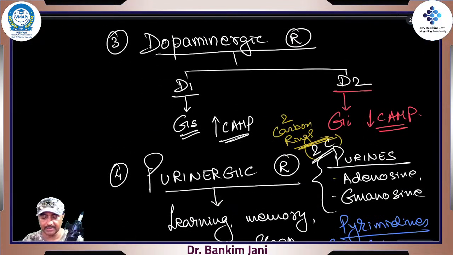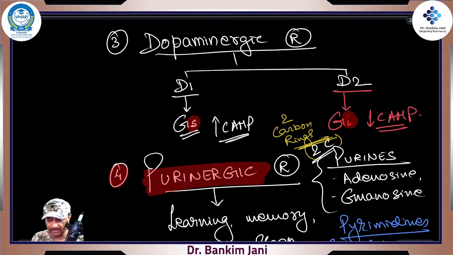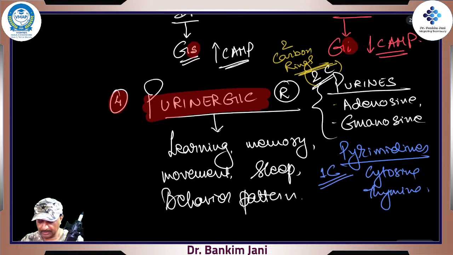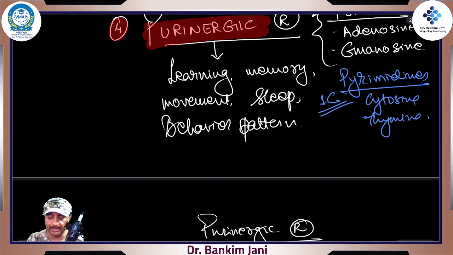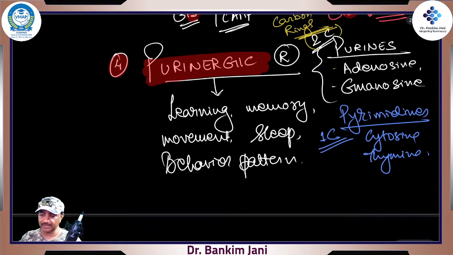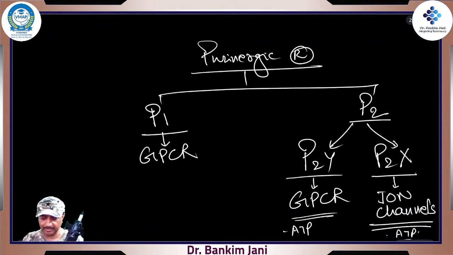Rest are dopaminergic, right, which is D1 and D2, and one is stimulatory, the second is inhibitory, right? And finally, this is the purinergic, worth discussing because it is for learning, memory, movement, sleep, behavior pattern, etc. Right? And these are purines and pyrimidines. That is, AG is purine and CT is pyrimidine.